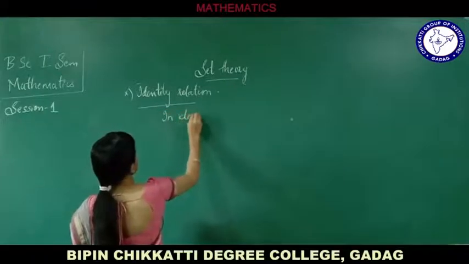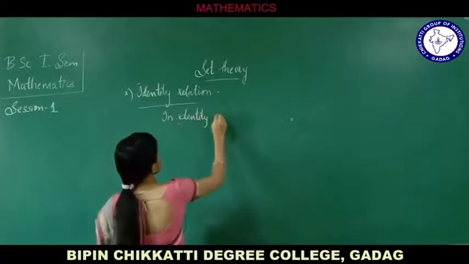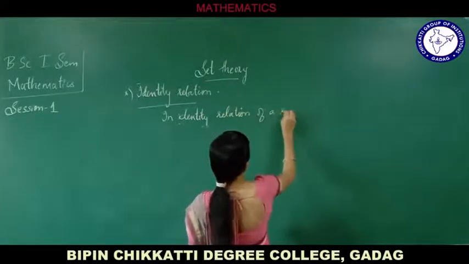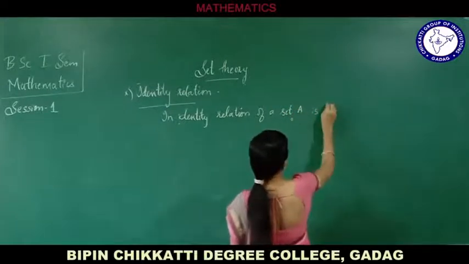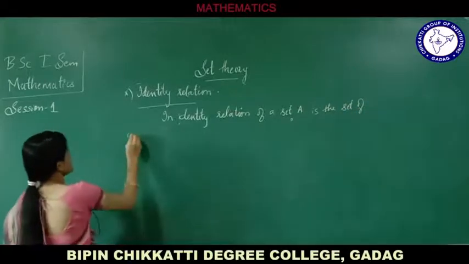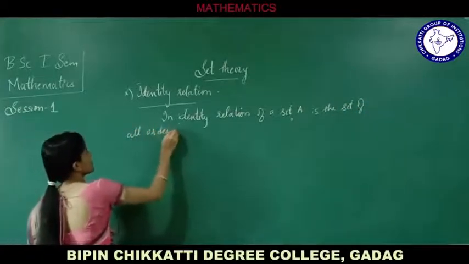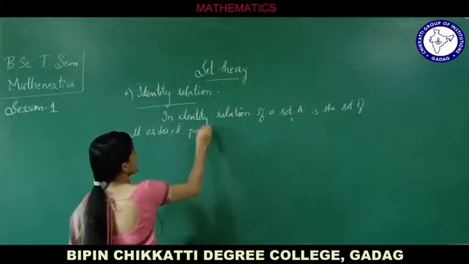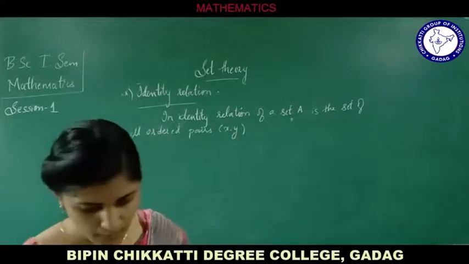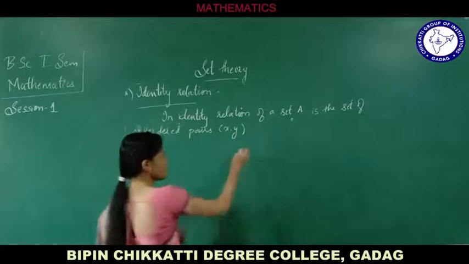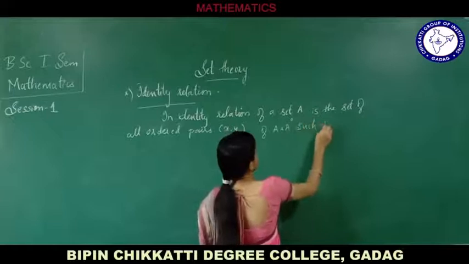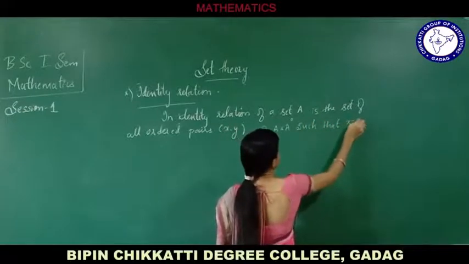An identity relation on a set A is the set of all ordered pairs (x, y) of A cross A such that x is equal to y.